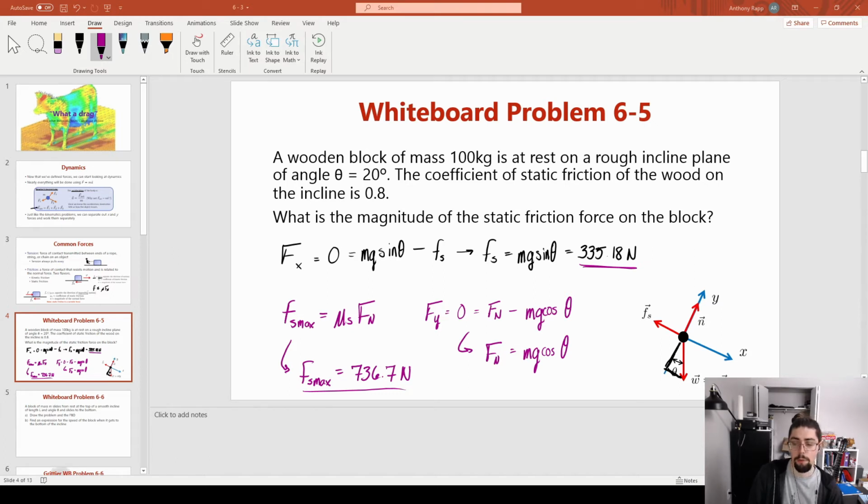So all of this stuff in purple is not actually part of the problem per se, right? We assume that they are not just pulling a fast one on us and not giving us a problem where static friction would need to exceed what the maximum possible value could be. But it is worth checking because some problems will ask us to compare that.